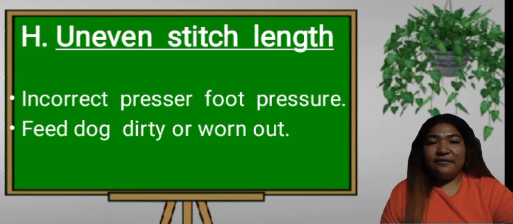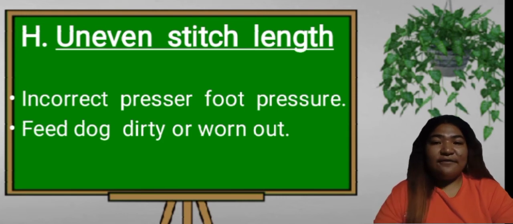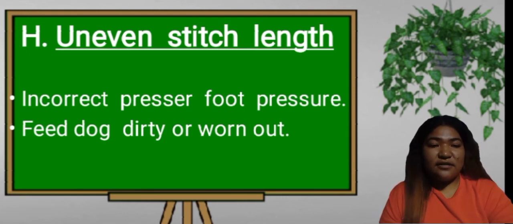Next is uneven stitch length. Uneven stitching is caused by machine difficulties or by using the wrong size of needle for your fabric. Causes of uneven stitch length: incorrect presser foot pressure, and feed dog dirty or worn out.